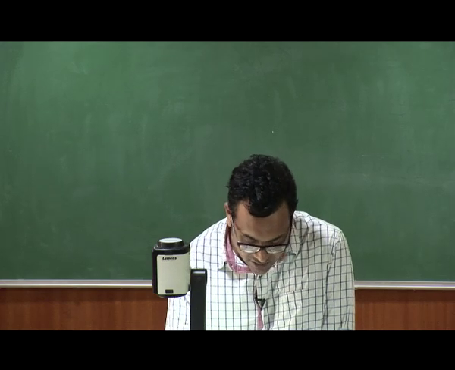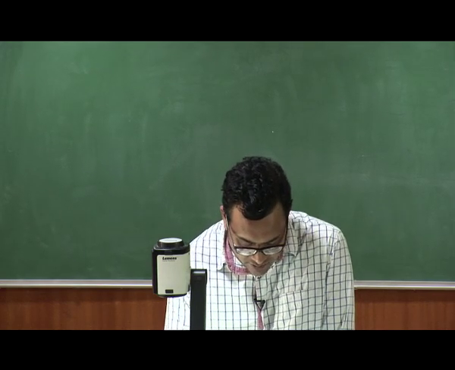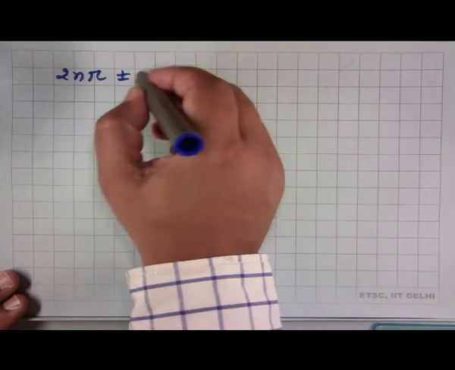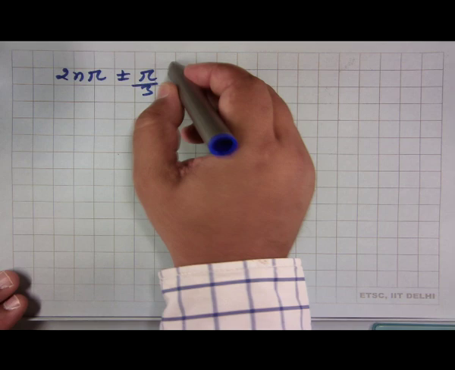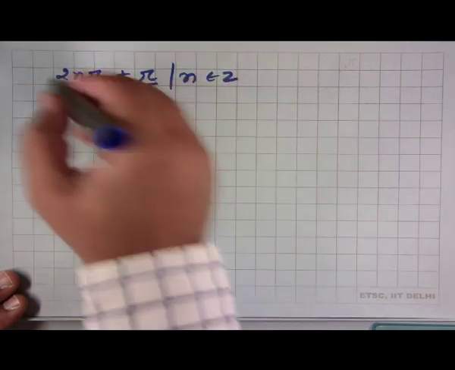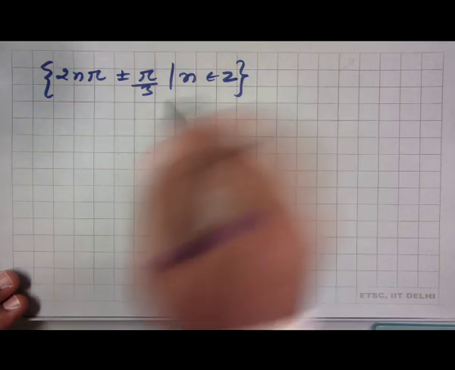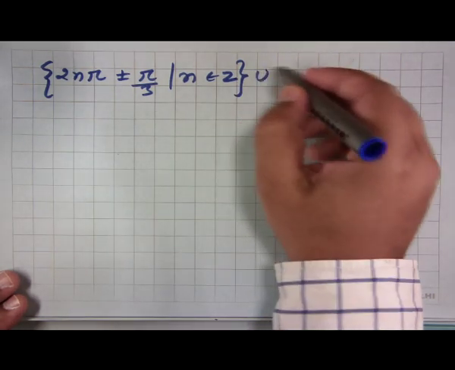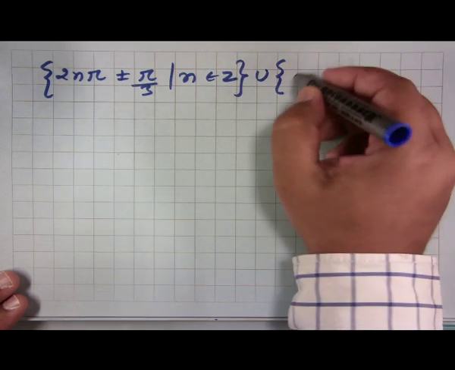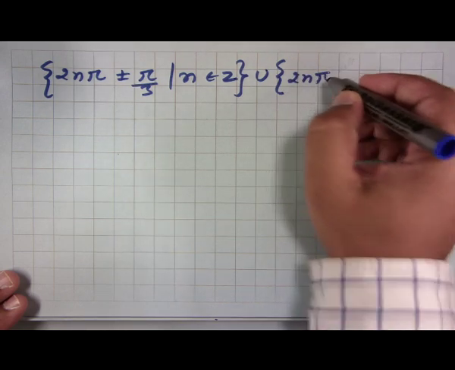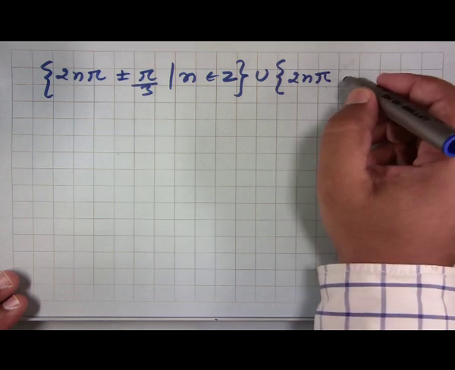So I will rewrite the solutions here. This was the general solution set, and out of this we have to find the solutions lying in the open interval minus pi to plus pi.